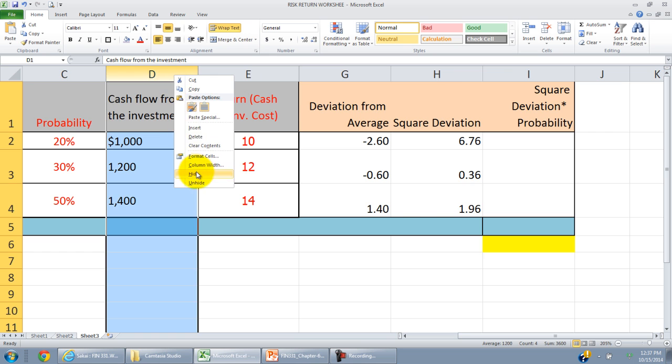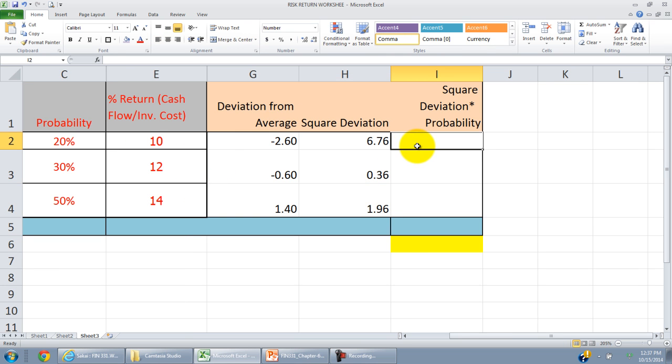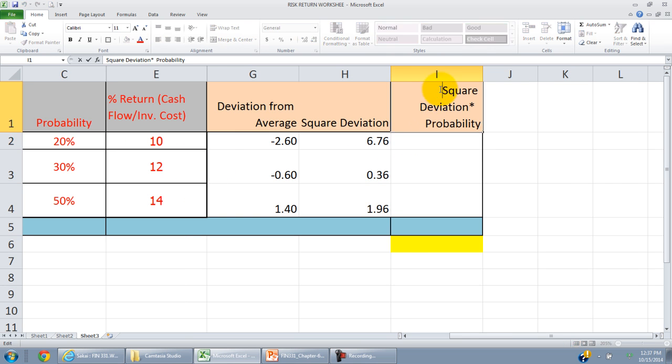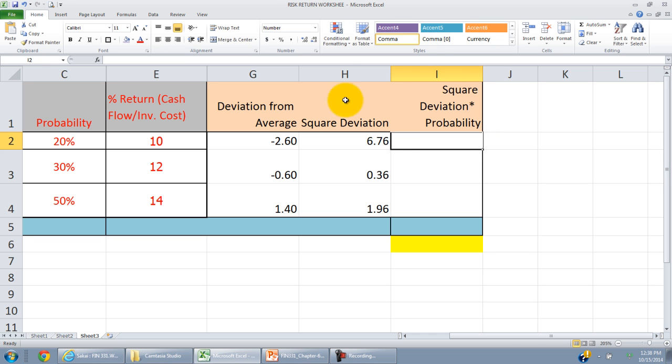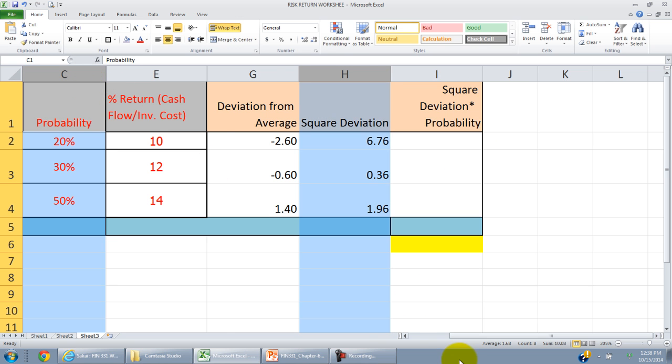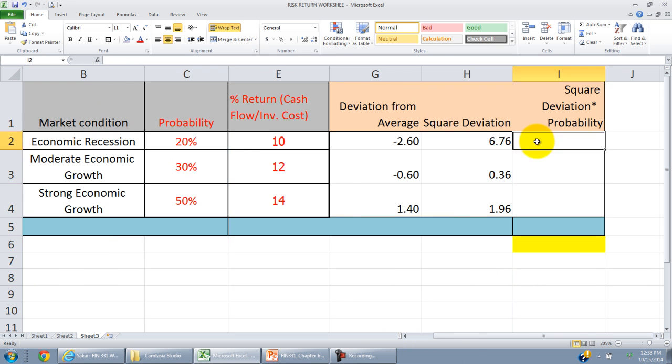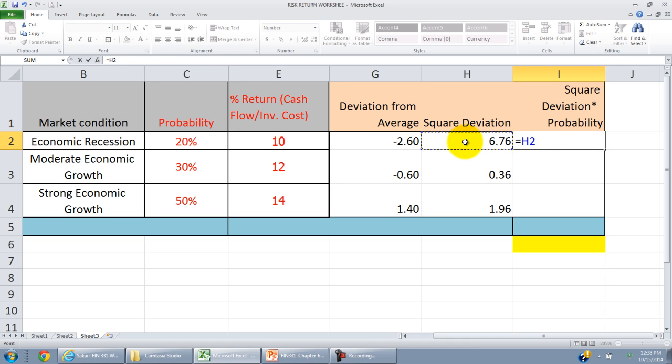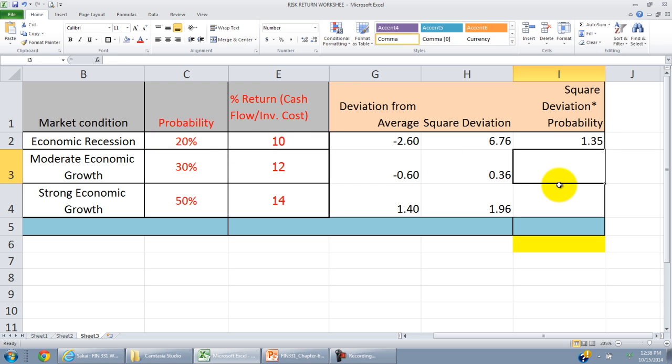Now the next step for us is to take the squared deviation just calculated and multiply by the probability. It means we take this column, multiply by that column. So here we go, equal to the squared deviation multiplied by the probability. First scenario, 6.76 multiplied by 20%.